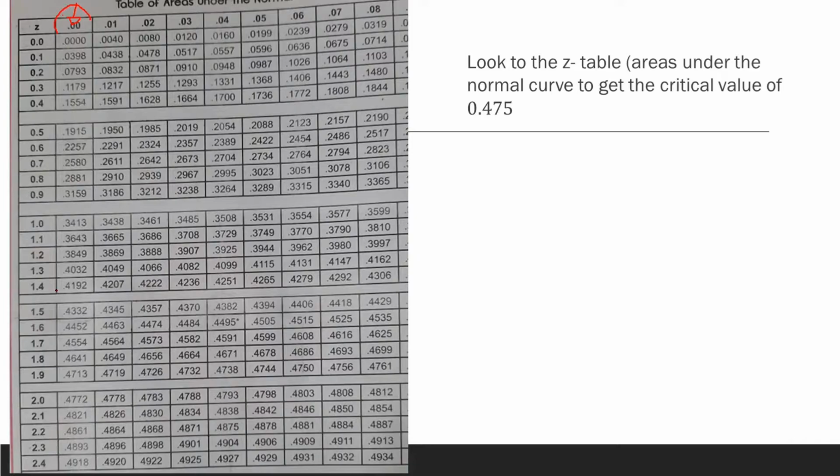So kung makikita nyo yung ating area is 0.475. So, syempre, hahanapin agad natin yung 4. So, this is 0.4. Ito yung mga 0.4 natin. Ayan, start dito sa 1.3. Then, since nahanap na natin yung first decimal, next naman natin titignan is 7.